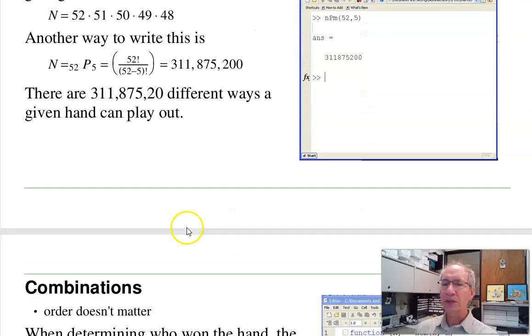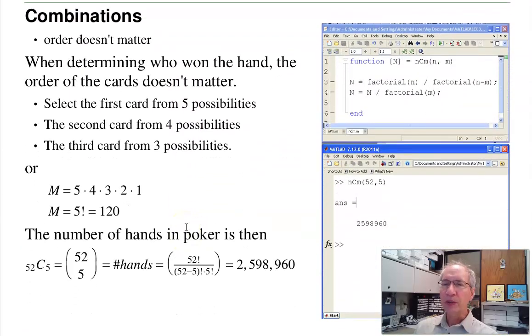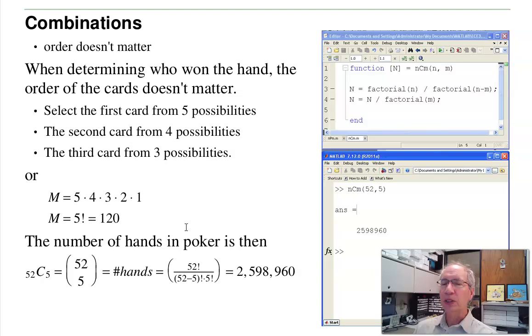That's if order matters. What we're going to be doing is combinations. Order doesn't matter. For example, I deal out 5 cards and I can shuffle them, or when I'm done, it doesn't matter the order. If I have 3 aces, that's 3 of a kind, no matter where they are in my hand. If order doesn't matter, that's combinations. So with combinations, I overcounted each hand by 5 factorial.